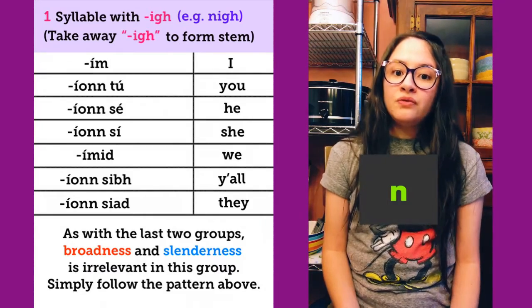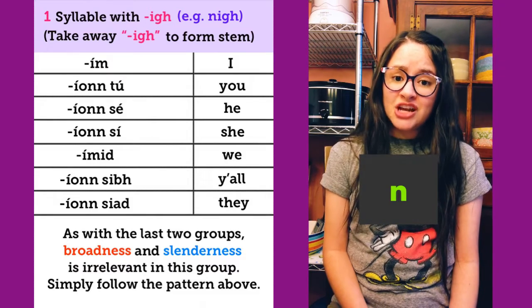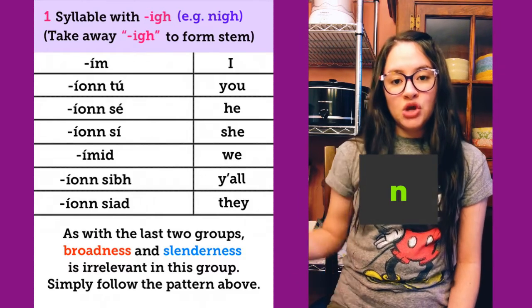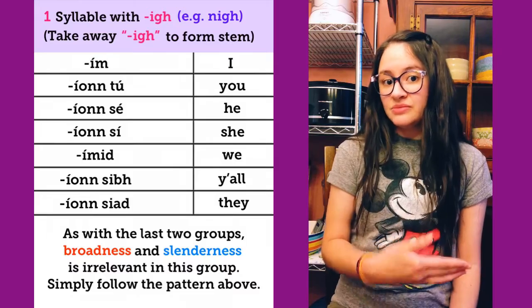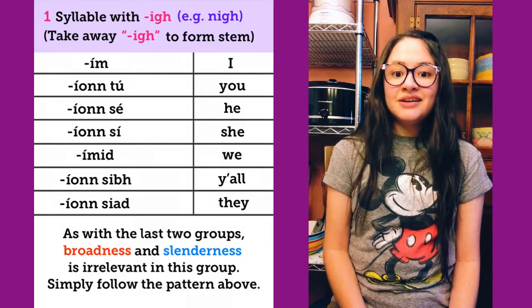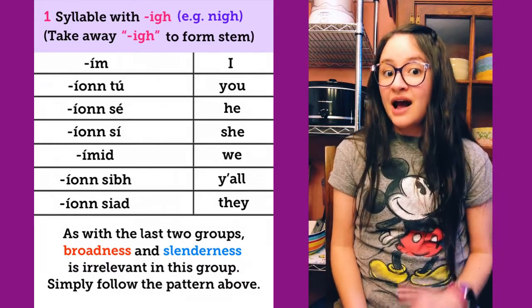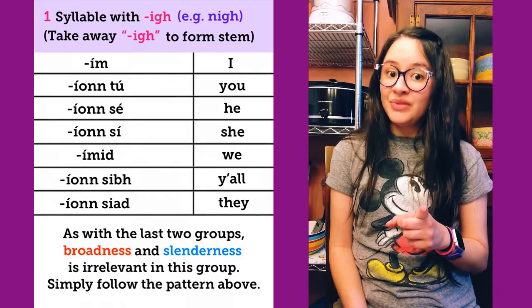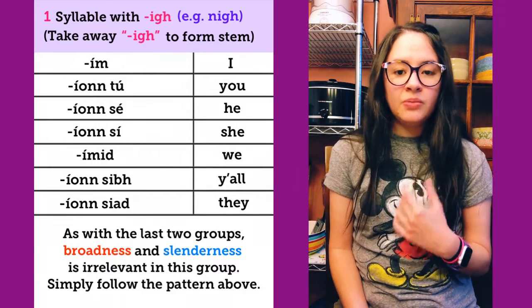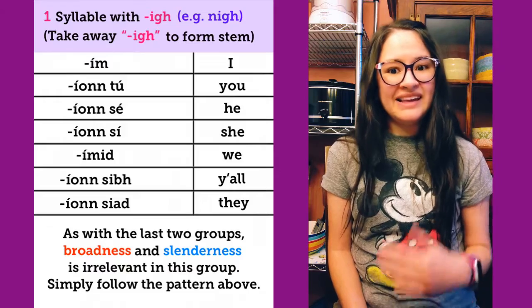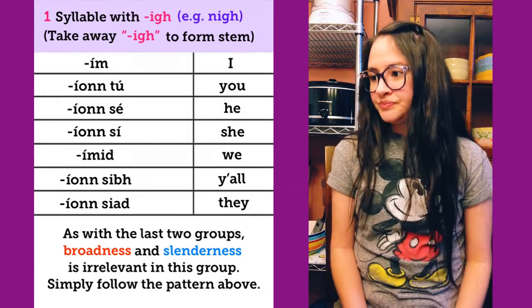So all we'd be left with is just n. And then you add the suffix to the n. So I, you'd add í fada im. Now, unlike the other ones where you'd kind of pronounce it im, this is going to be more like eem, like a long e sound.